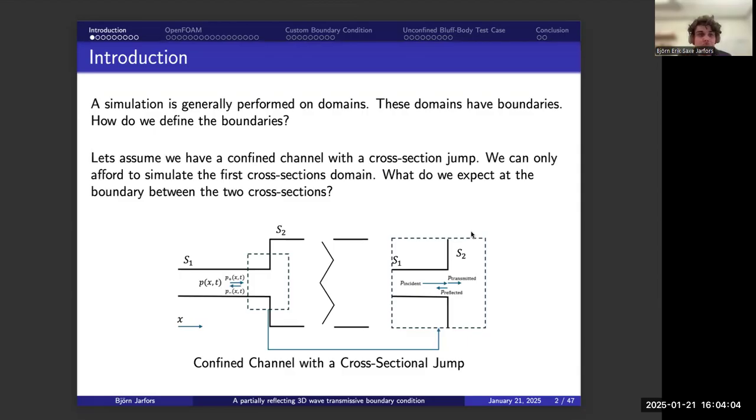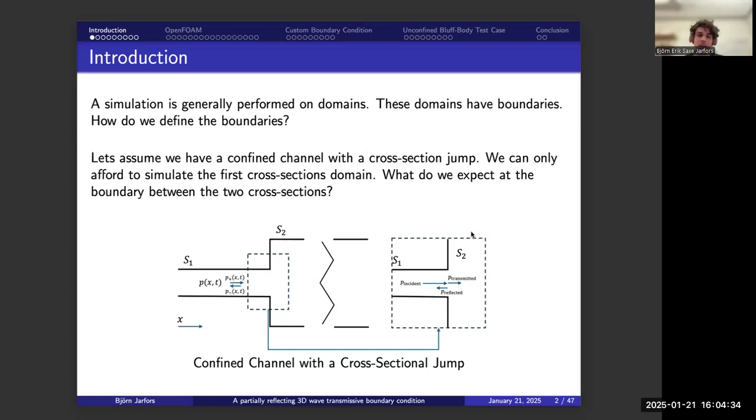So in general, a simulation is performed within a domain, and these domains have boundaries. And a very difficult question sometimes is, how do we define the boundaries? So what I generally deal with is acoustics, and in these cases, we usually need to resolve some sort of propagating waves.